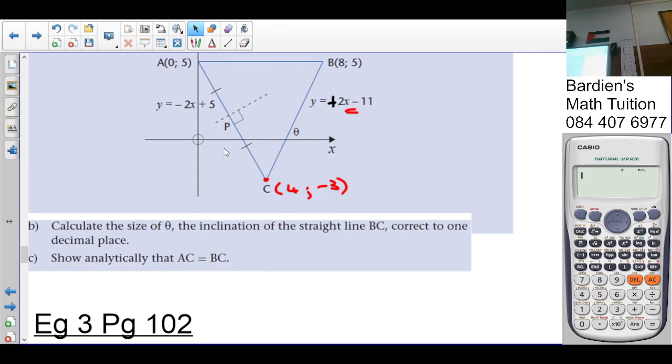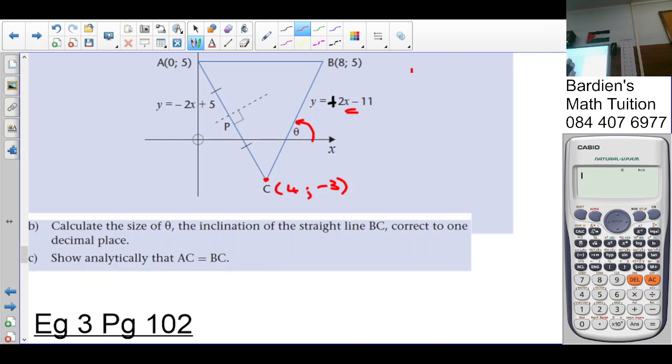B says, calculate the size of theta, the inclination of the straight line BC, correct to 1 decimal place. So what do I need in order to calculate the angle of inclination? I need the gradient of BC, not so?